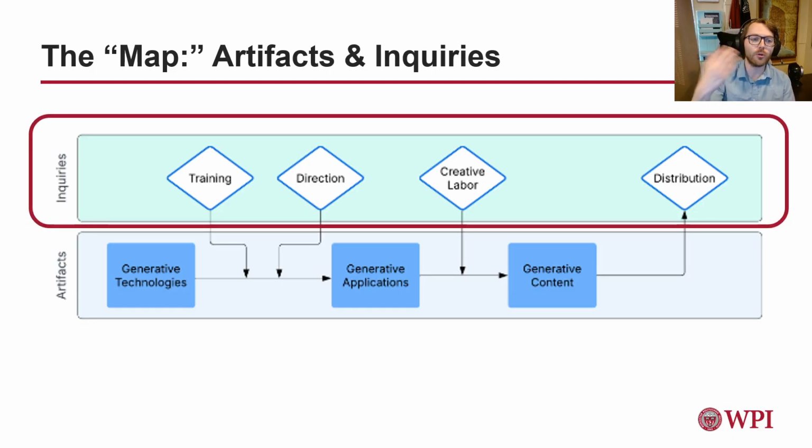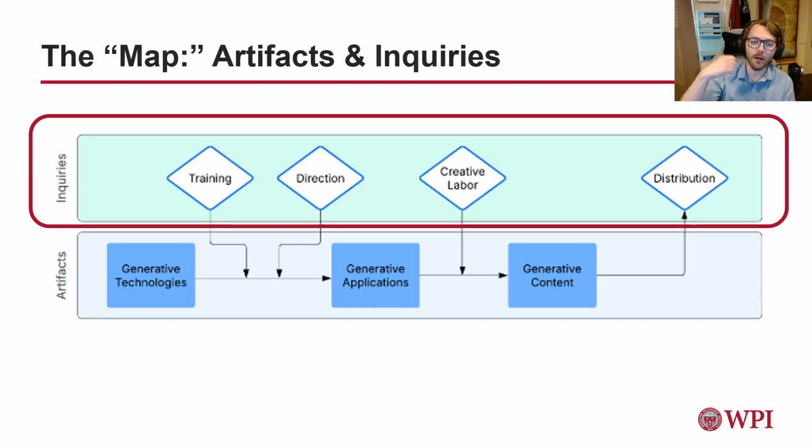The inquiries aspect is where an inquiry was found among our participants. These artifacts are what they tended to focus on, and these inquiries were where they directed their attention. So the training data that goes into LLMs, for example, and the direction and motivation behind the creation of the tool, were very important parts to our participants.